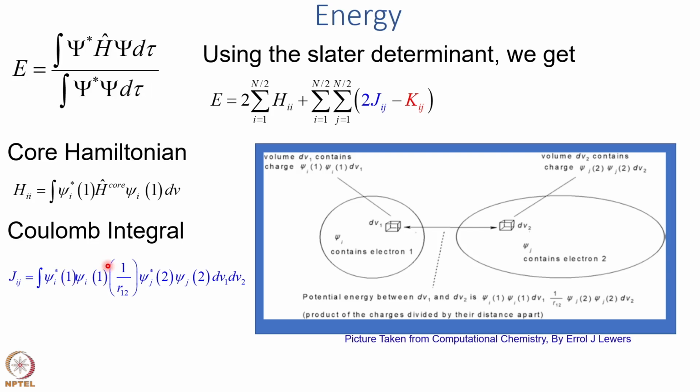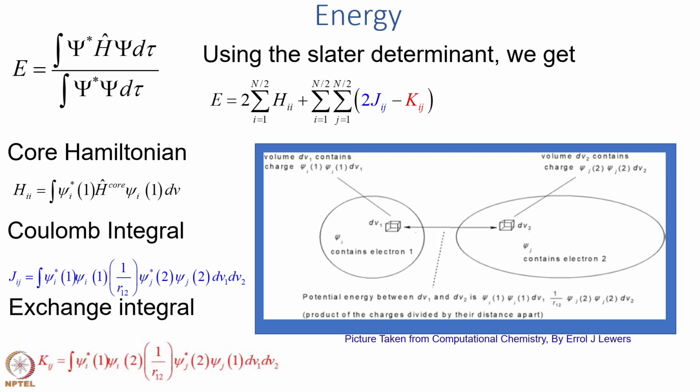Now, what is K? The term which is given in red. How is K different from J? In the case of J, both the terms on the left contain the coordinate of electron 1. In the case of exchange, K, I am replacing one of the terms here by electron 2.